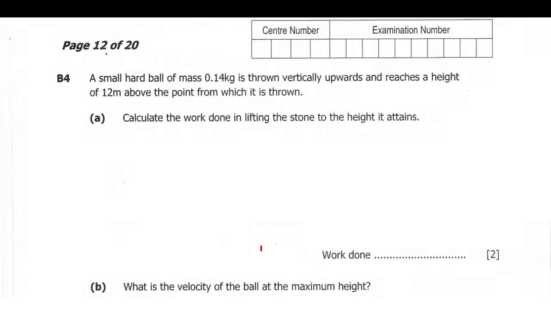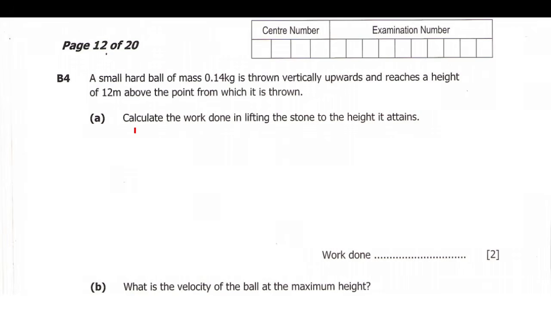4B4 reads: a small hard ball of mass 0.14 kg is thrown vertically upwards and reaches a height of 12 meters above the point from which it is thrown.